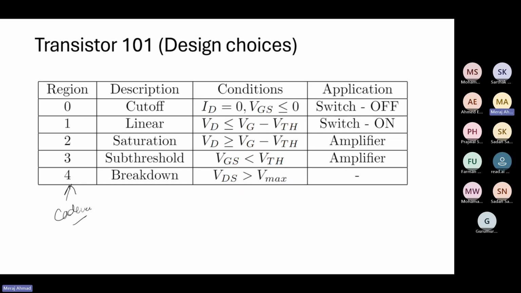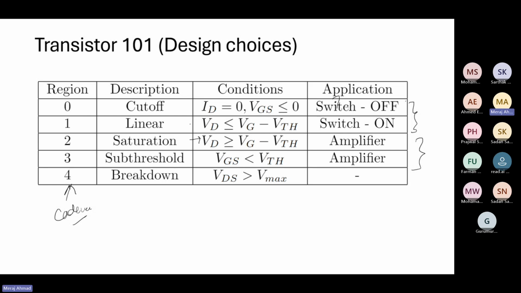In Cadence, you can see the region in which a transistor is operated, and this is where VDS should be greater than VGS minus VT, which is the overdrive. Mostly you operate your transistors in this region when you want to work as a switch, and for amplifiers, current sources can be used in saturation and subthreshold.